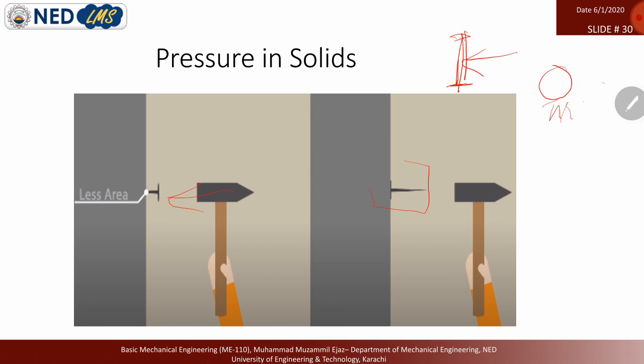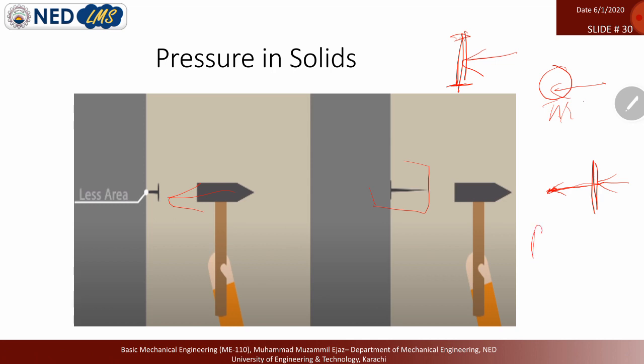We apply perpendicular force on this area, and this force is equally transferred through the nail. At the sharp edge you can notice that the force is constant, the force is not going anywhere, but the area of the sharp end becomes very small, so the pressure becomes very high.